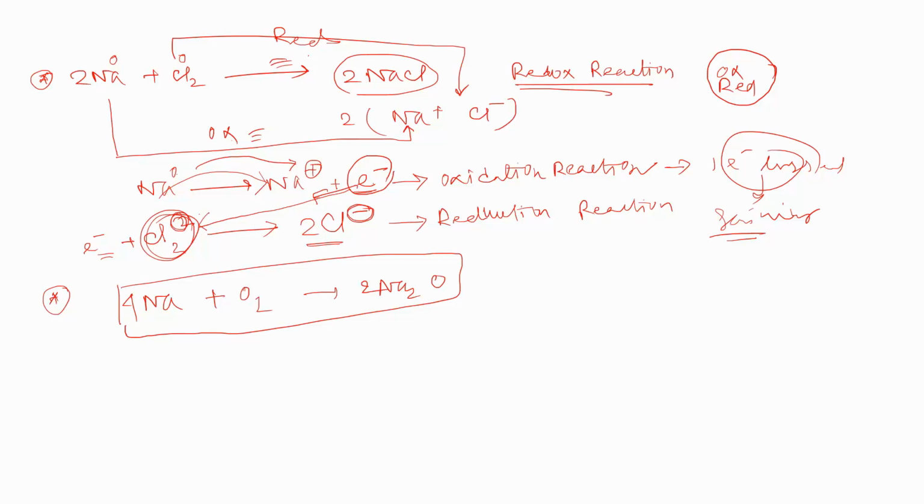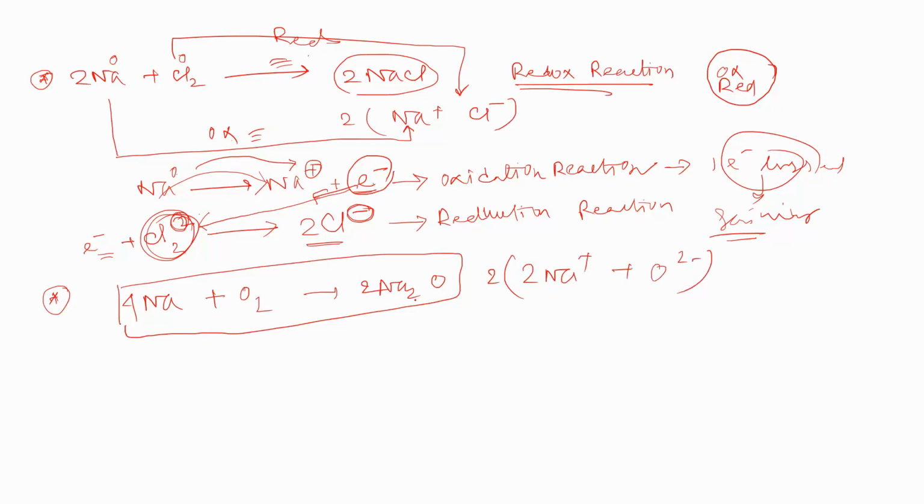Similarly, just see, I will write this product as a metal salt, as a cation and anion. So it will be 2 sodium plus, oxygen 2 minus.